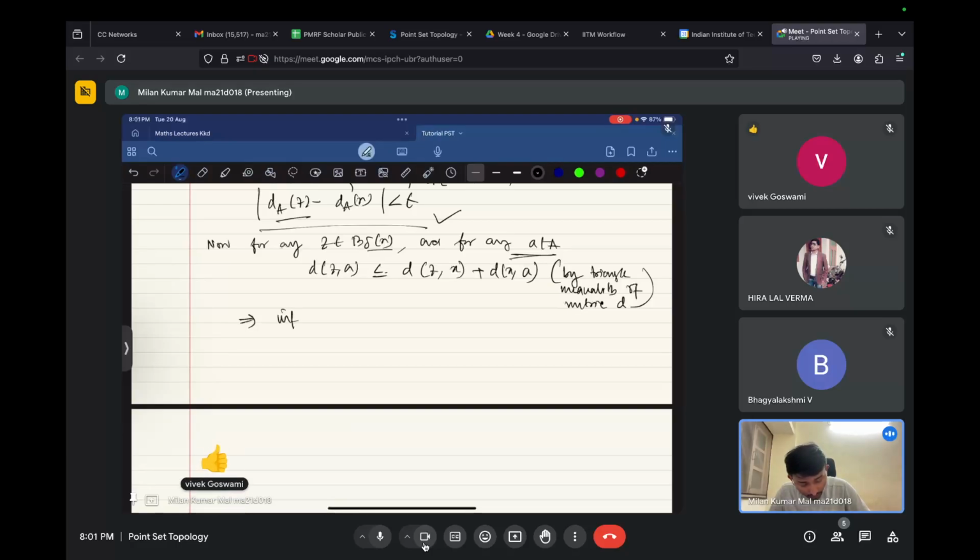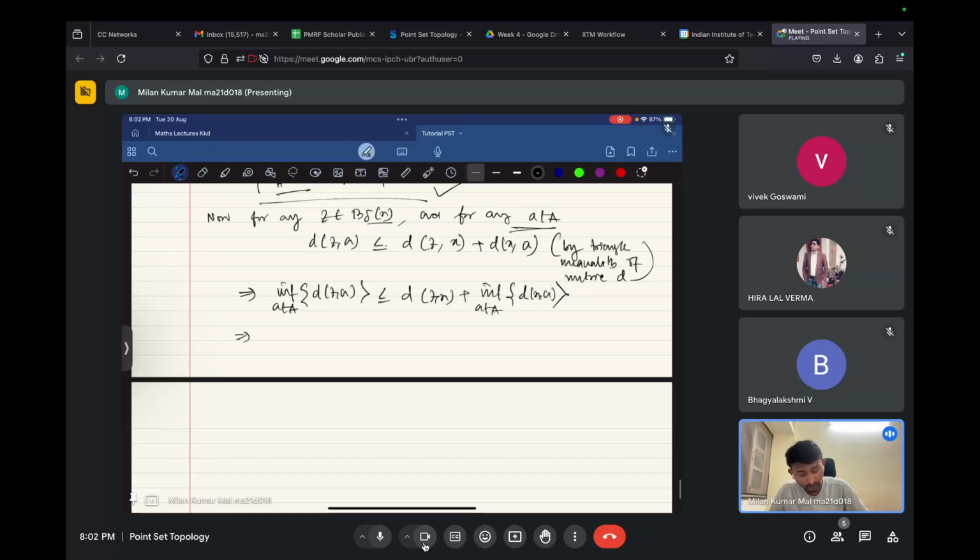That means the infimum over a belongs to capital A of d(z,a) is less than or equal to d(z,x) plus the infimum over a coming from capital A of d(x,a). That means d_A(z) is less than or equal to d(z,x) plus d_A(x).